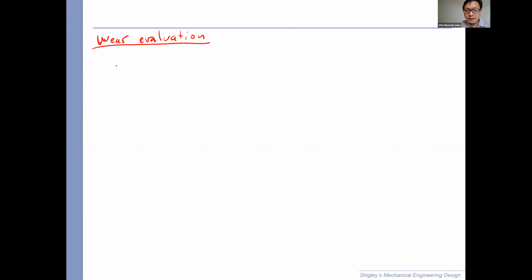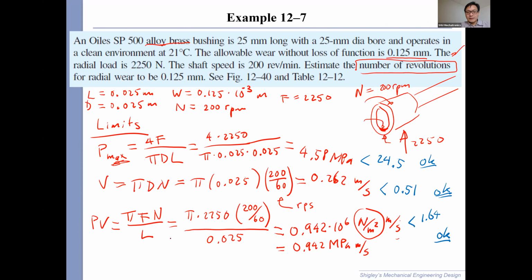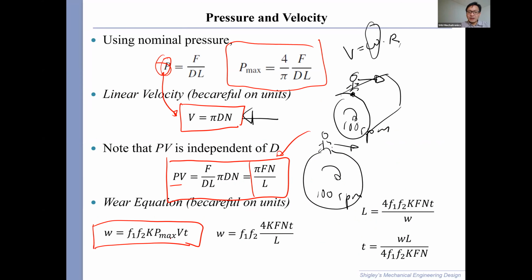I want to show you the original equation first. Okay, so here we have the original equation for wear on the bottom here. Do you see my cursor? Wear is how much it wears out.